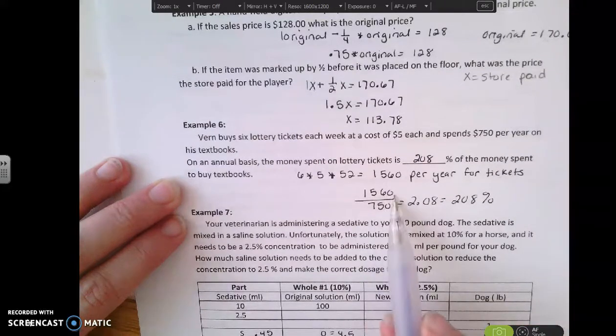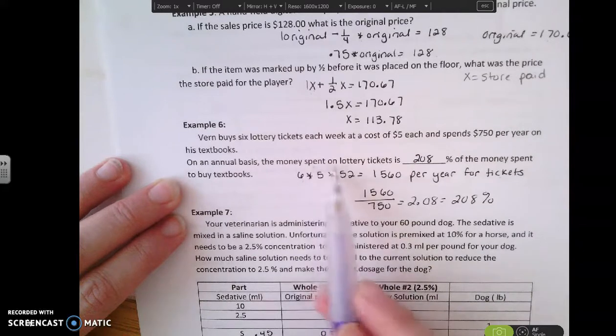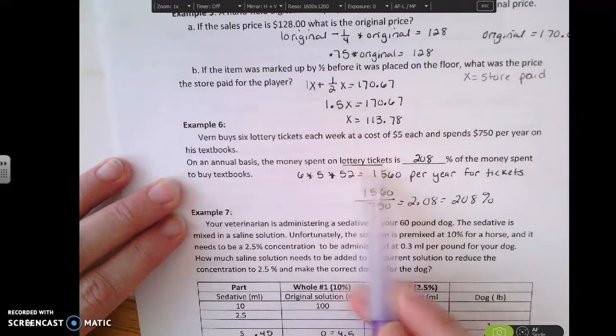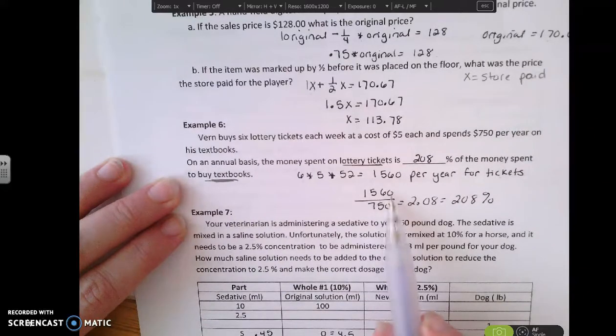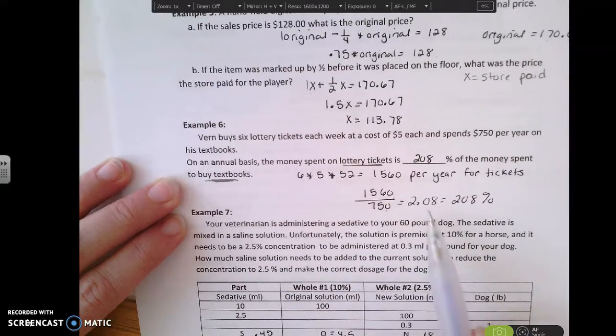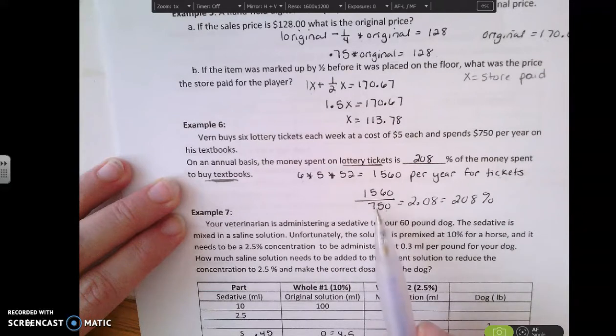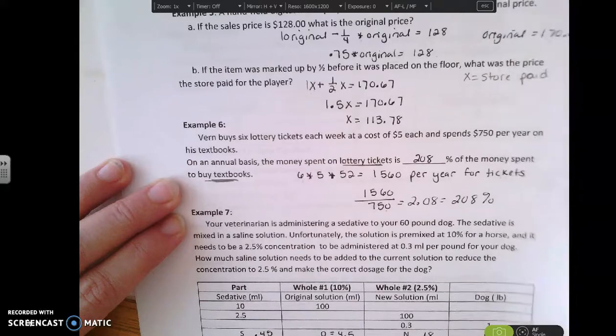So $1,560 is the tickets, $750 is the books, because we're comparing the ticket price to the textbook price. So 1,560 divided by 750 is 2.08, which is 208%. So he spends basically twice as much money on his lottery tickets as he does on his textbooks.